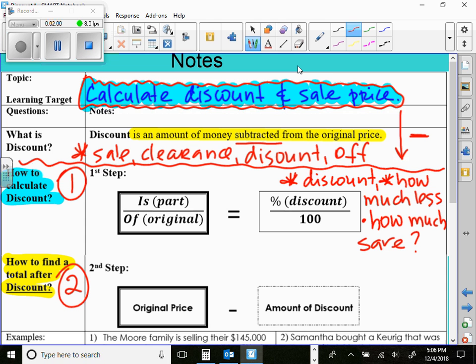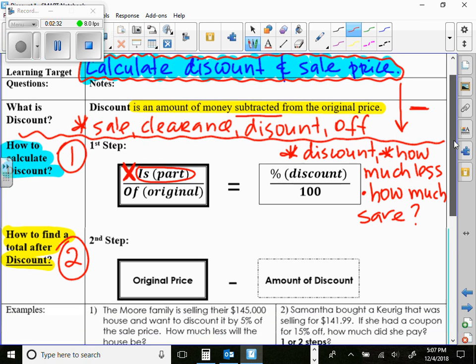And this one step is to use percent proportion, where part, in other words, discount or part of the original price goes on top. Original price will go on the bottom of the first fraction. Discount rate will go on the top of the second fraction and 100 on the bottom. So part always will be our x. This is where x goes every single time. Then we'll cross multiply and divide by 100.